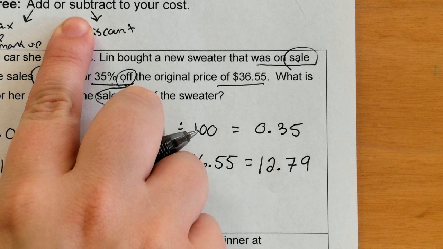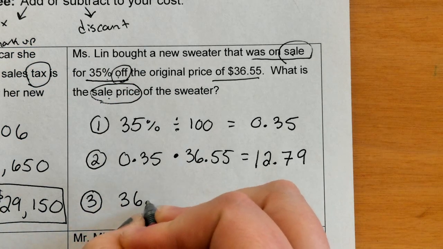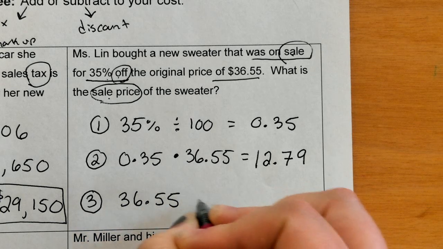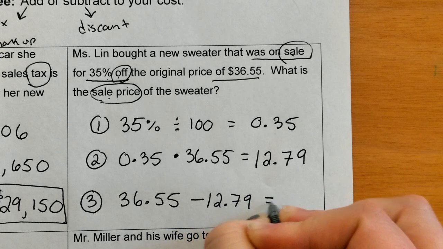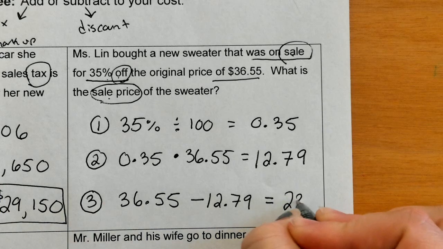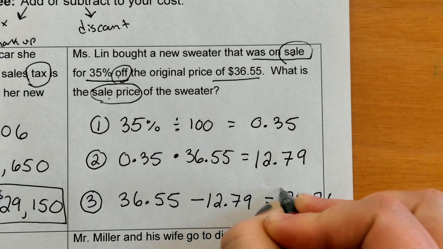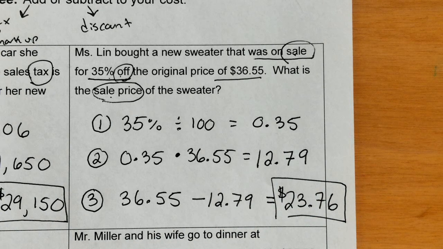Since it's a discount, we're going to be subtracting. So we're going to take our cost and subtract our discount. 36.55 minus 12.79, we get 23.76. That is our sale price for that sweater.